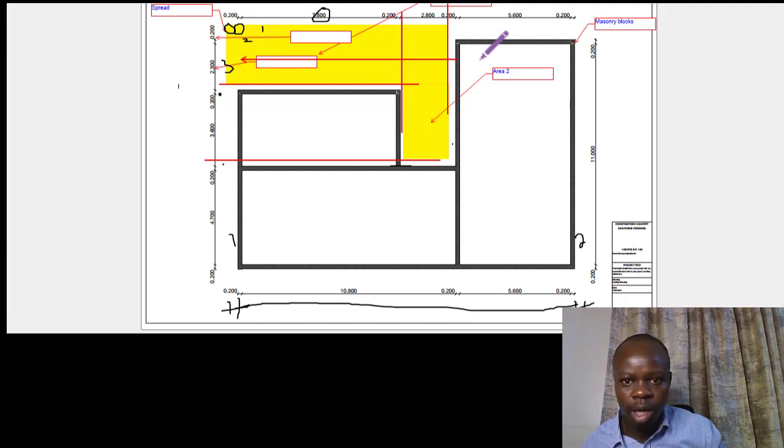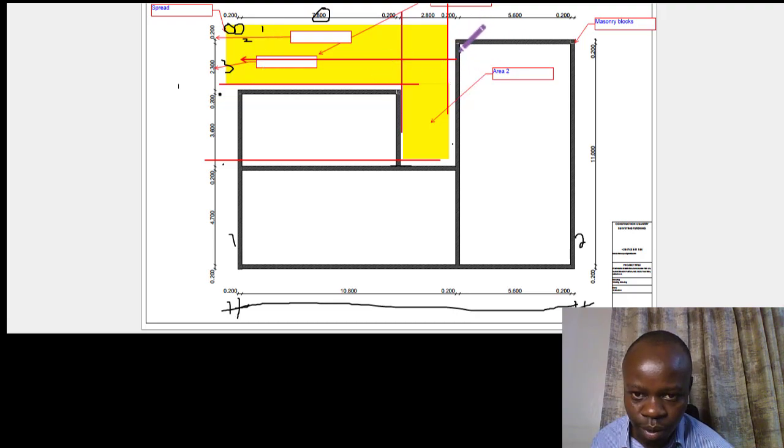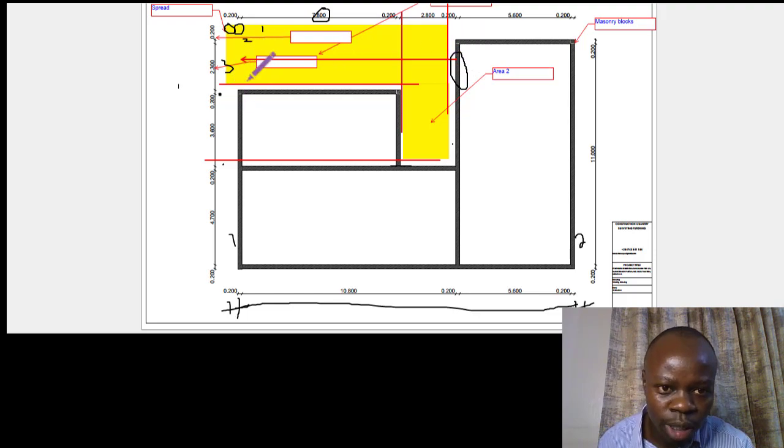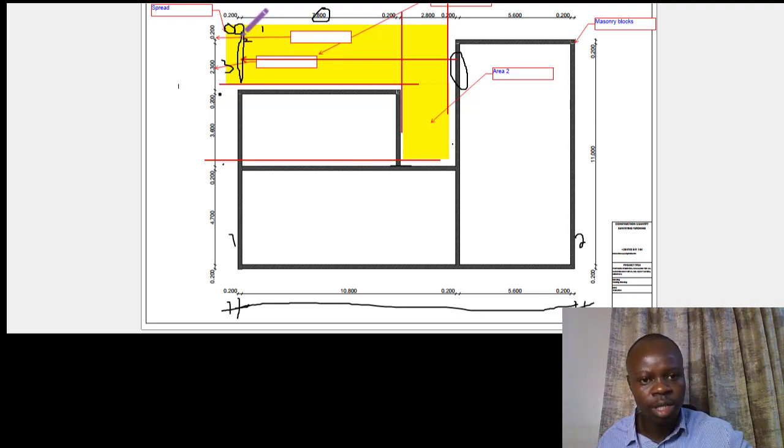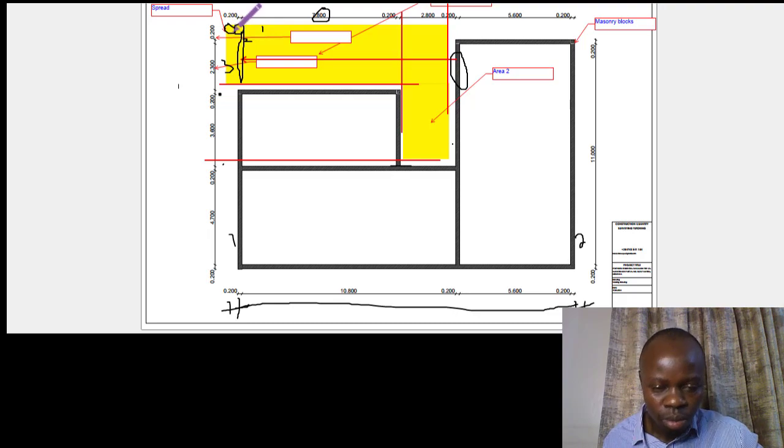When you take this particular part where the arrow is emanating from, and then you transfer it theoretically to this particular point here, it's supposed to give you a perfect plan.